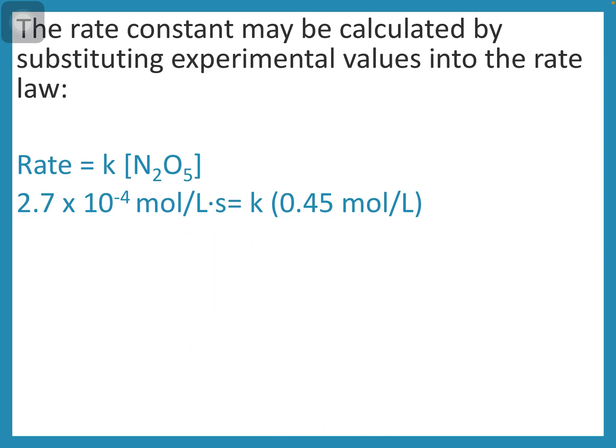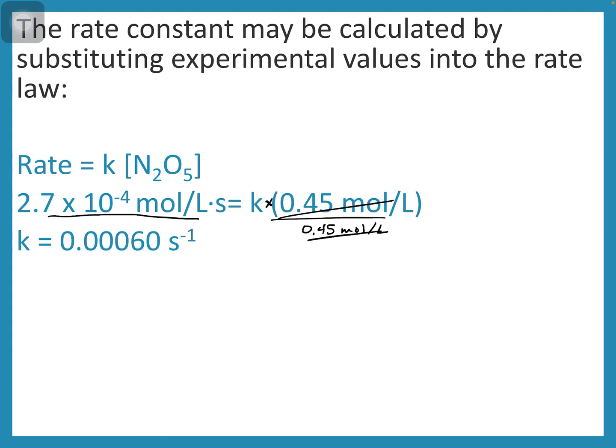So once I substitute those in, right now I have k times that concentration. So I can divide both sides by the concentration, 0.45 moles per liter, and that will isolate k and leave it on that side. So that's going to cancel here.